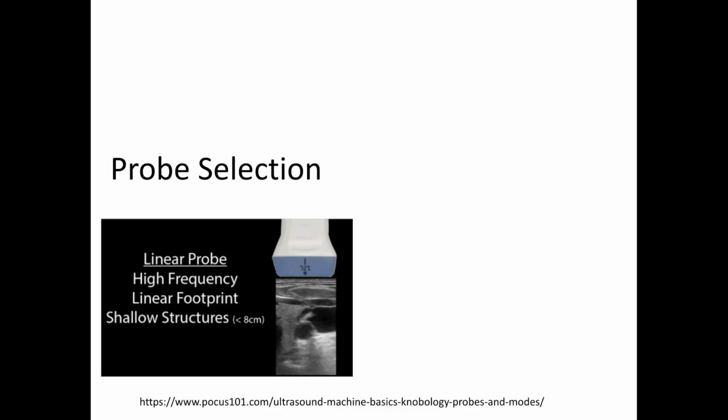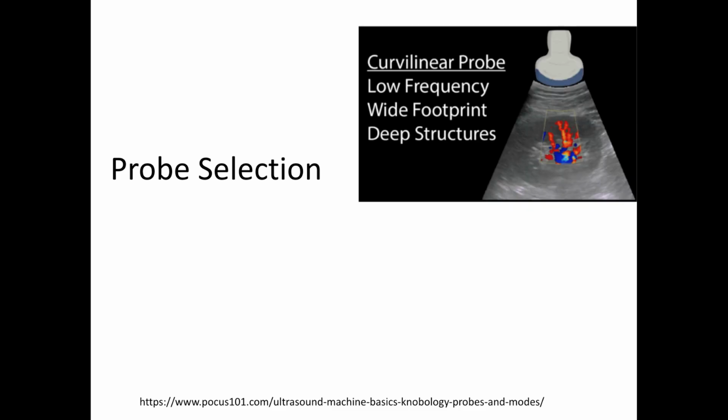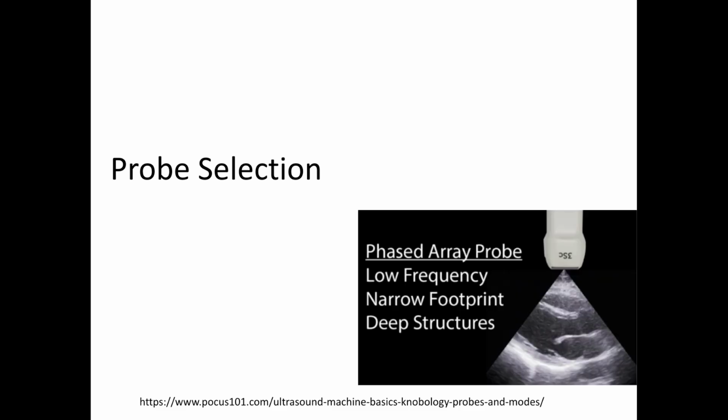So again, linear probe, high frequency, things close to the surface when you need high resolution. Curvilinear, low frequency, it's got a big footprint that makes it helpful for viewing the abdomen and seeing quite a bit, and you have good depth of penetration, so you're talking 20 plus centimeters. Phased array, same with the depth of penetration.